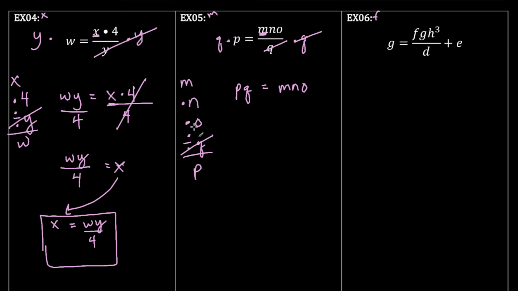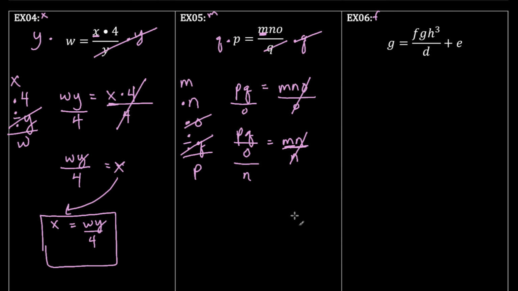Now this is multiplied by O, so we need to divide by O. So PQ divided by O equals M N. Remember, we're hanging on to the M. So divide by N. I'll just continue like that. Oh, this is going to be weird. So I'm going to bring this over here.